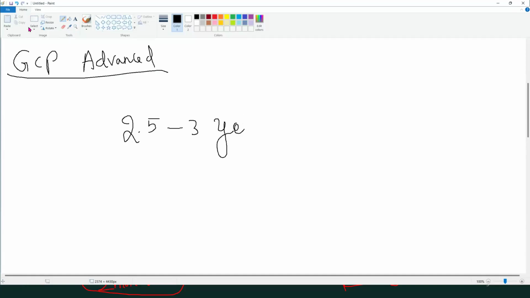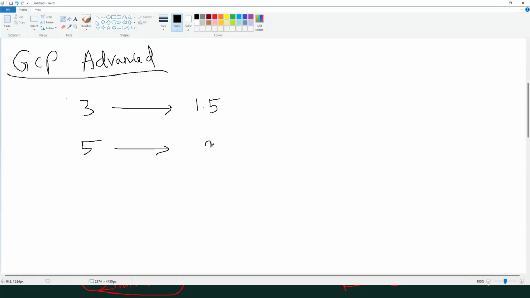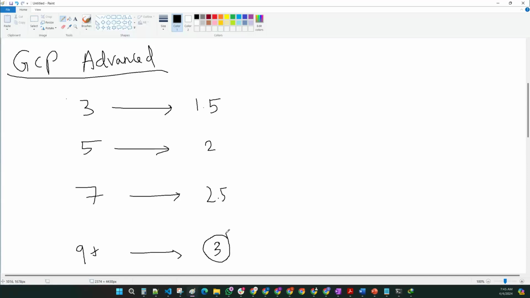If you have 3 years, you put 1.5. If you have 5 years of experience, you put 2. If you have 7, you put 2.5. If you have 9 plus, you put 3. This is how you have to put the GCP data engineering experience. This amount of knowledge I am going to give in the course.